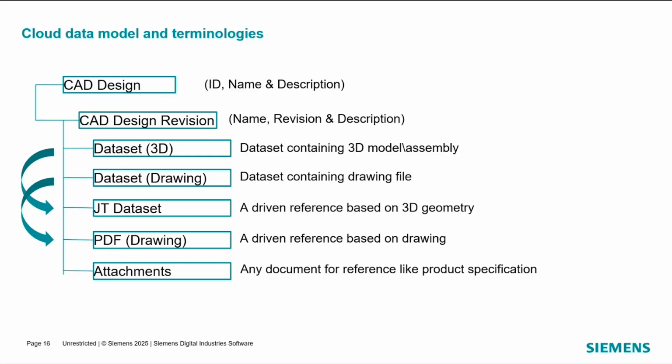So under each CAD design revision, there is a dataset which represents the 3D model or an assembly or any sheet metal part.